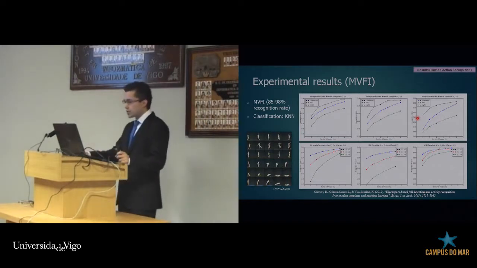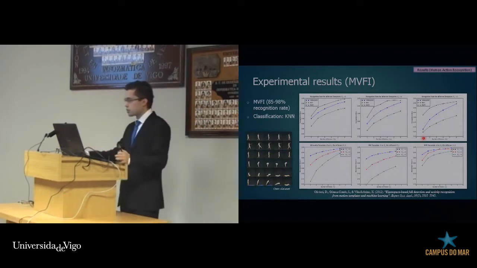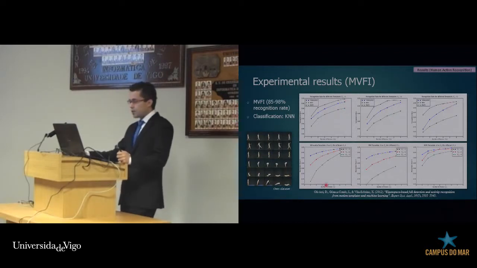Here you can see that the recognition rate is always better with our technique, regardless of the number of persons that you are using in your training and the number of actions that you are training, for example, 2, 3, and 5. In the figures below, the first figure is related with the silhouette, this is motion history images, and this is MBFI.